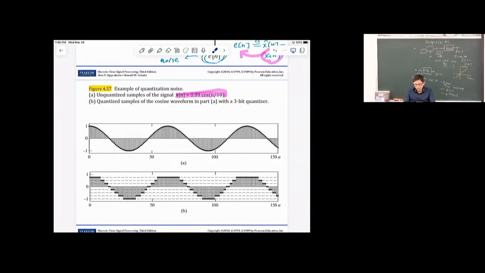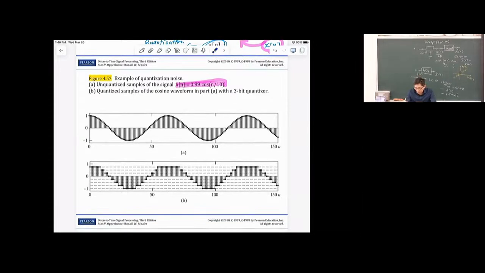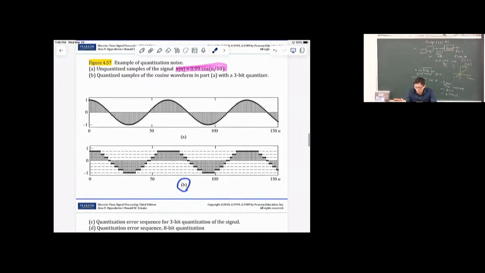In the bottom plot, plot B, we are showing the result after 3-bit quantization. So again, we have only 8 possible values, 8 different levels after quantization. This is before, and this is after.